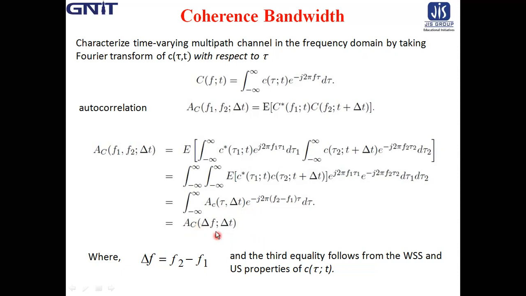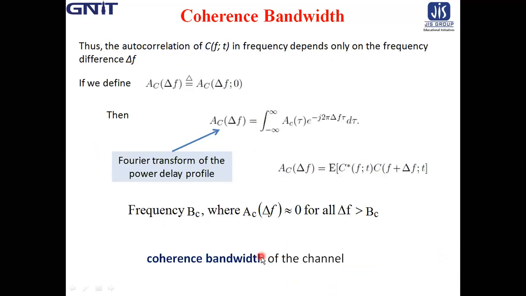What is delta f? Delta f is f2 minus f1, and the third equality follows from the WSS and US properties of c(tau, t). Thus the autocorrelation of C(f, t) in frequency depends only on the frequency difference delta f.